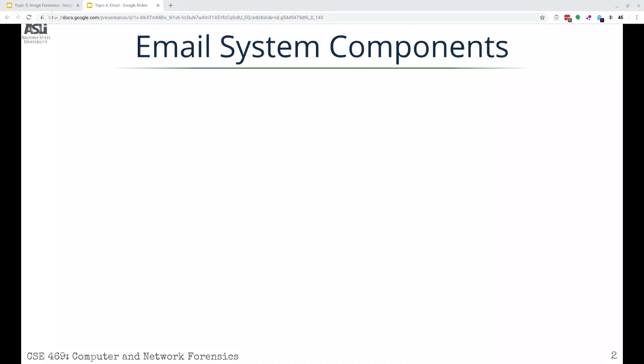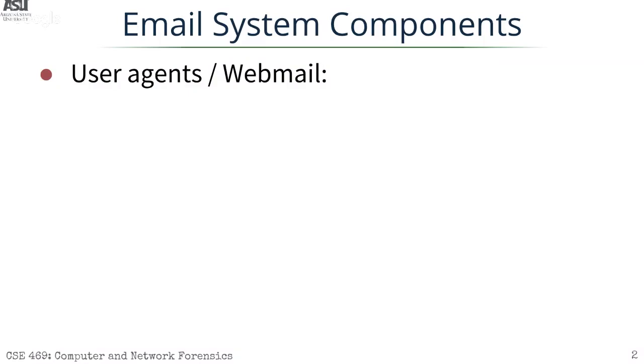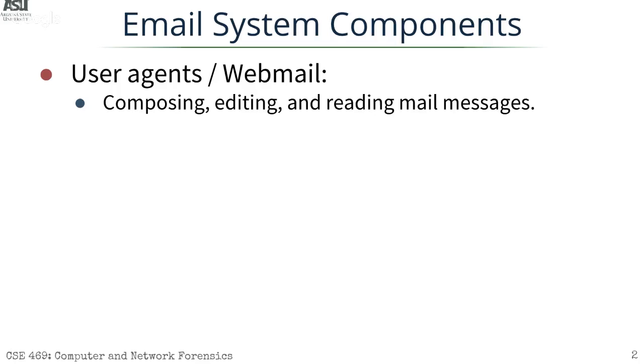If you think about email more as a system than just a single message, then it's got a few different components that make up an email system. The first is user agents or webmail. This is where you can do composing, editing, and reading email messages.